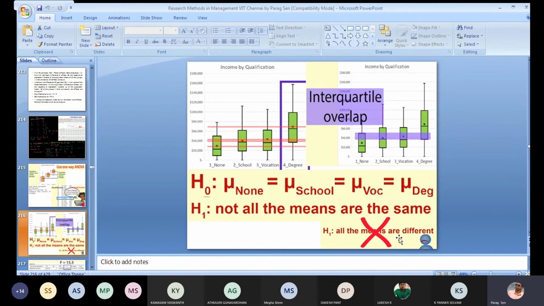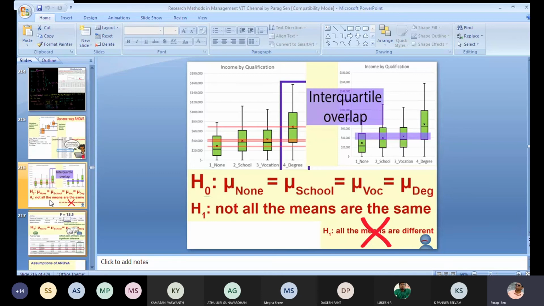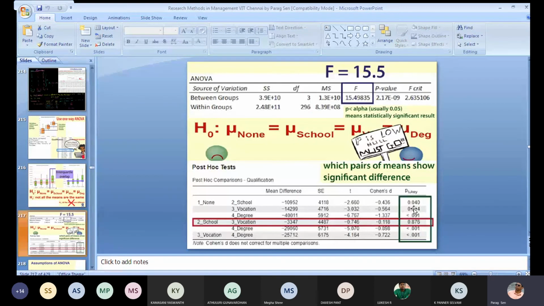Which particular means are same or which particular means are different, if you want to test that, ANOVA alone is not sufficient. After conducting ANOVA, you need to perform a post hoc test, another test which is known as Cohen's d test. It is a pairwise comparison method.